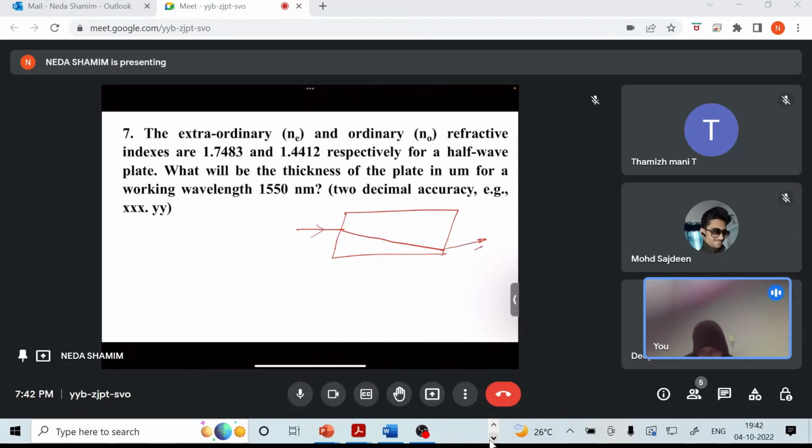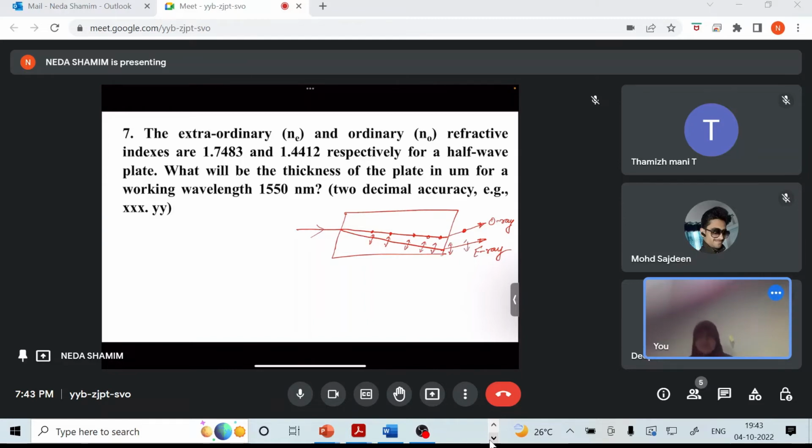I'll call this the extraordinary ray, and then there is another one, the ordinary ray. This happens because of anisotropy in the medium. They have two different directions of polarization, and they differ by some phase between them.